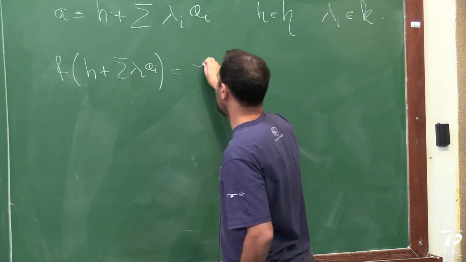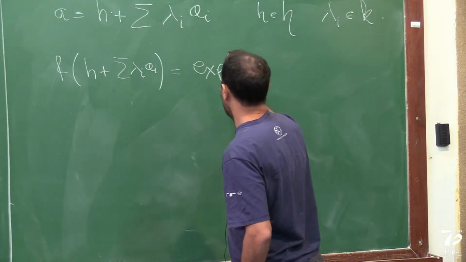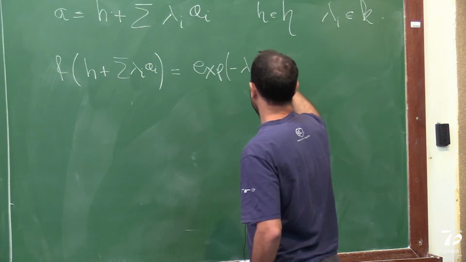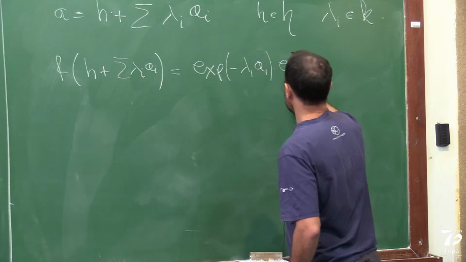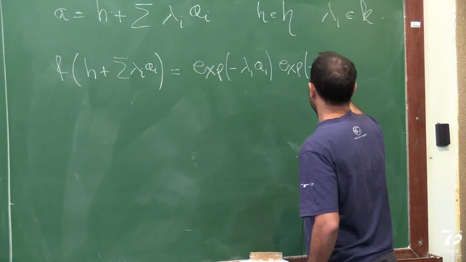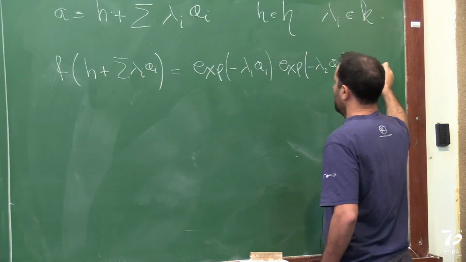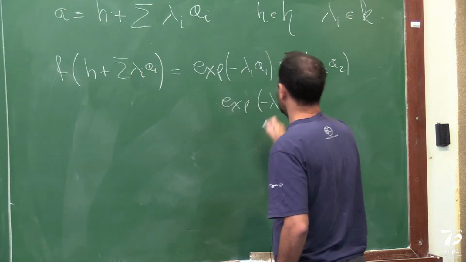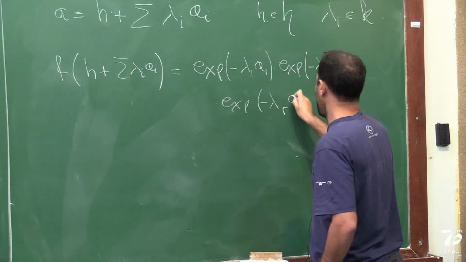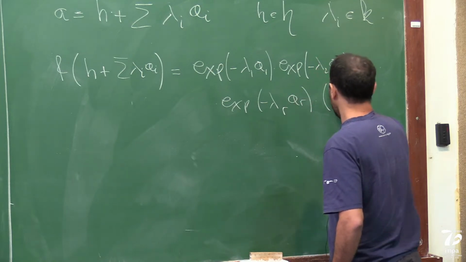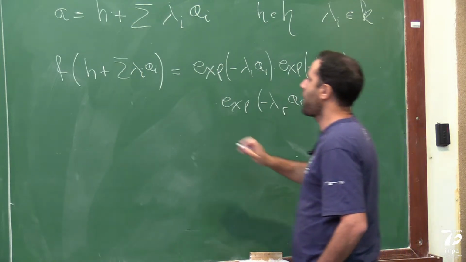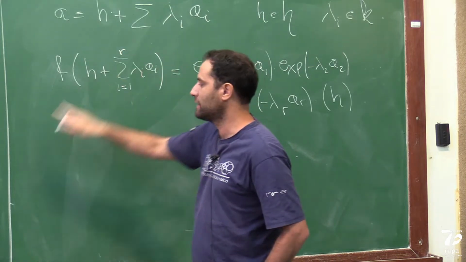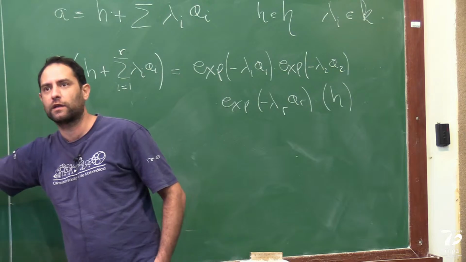And I'll declare this to be the exponential of minus lambda_1 A_1 times the exponential of minus lambda_2 A_2 times, and so on, up to the exponential of minus lambda_R A_R, all of this evaluated at H, where the sum goes from i equals 1 to R, and R is the dimension of G minus the dimension of the Cartan subalgebra.